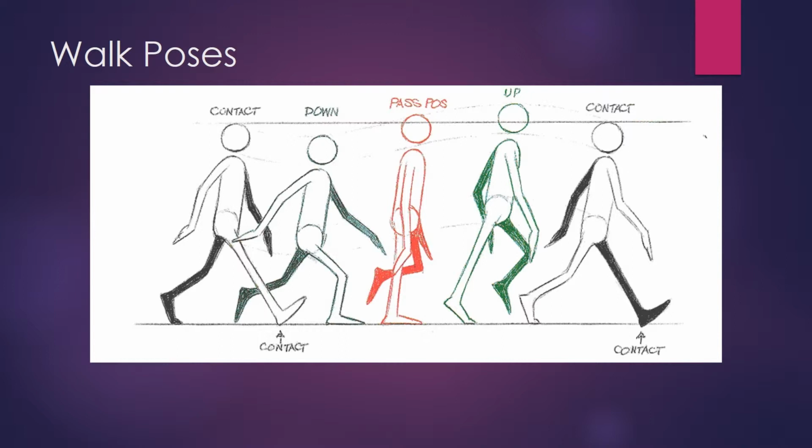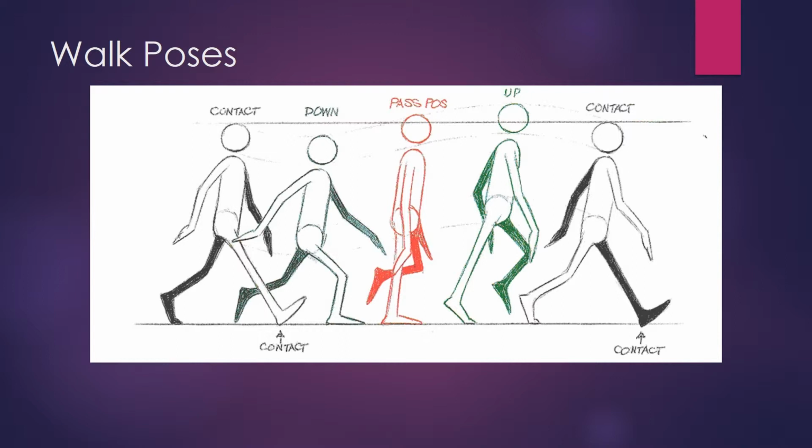This is kind of in the middle in terms of the character's up and down location. And it's important to notice that if your character has arms and legs, the character's right leg is forward, but his right arm is back. So your body counters, your arms and legs counter. It's not that your right arm and leg are doing the same thing. They're doing the opposite thing.